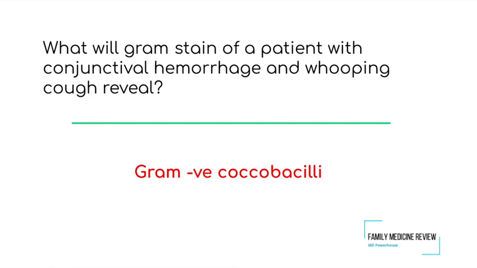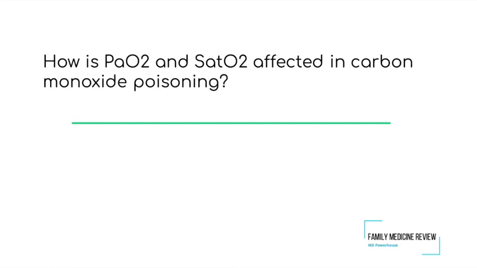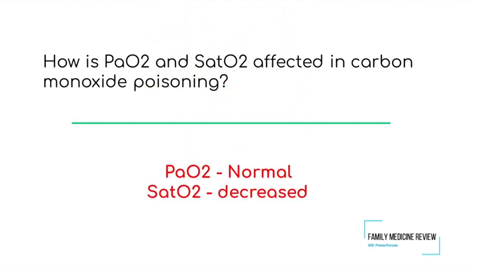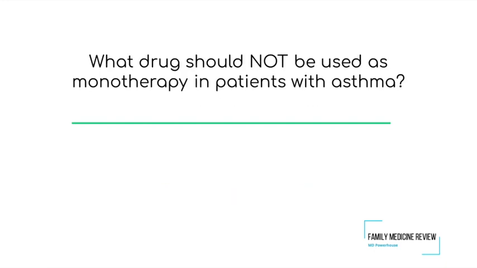How are these 2 parameters affected in carbon monoxide poisoning? So the partial pressure of oxygen will be normal, while the oxygen saturation will be decreased. What drug should not be used as monotherapy in patients with asthma?